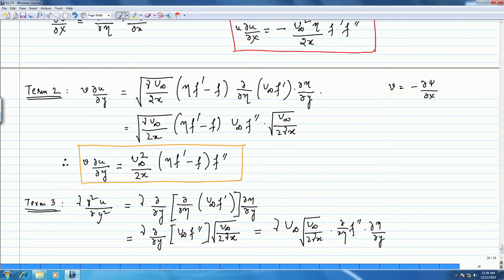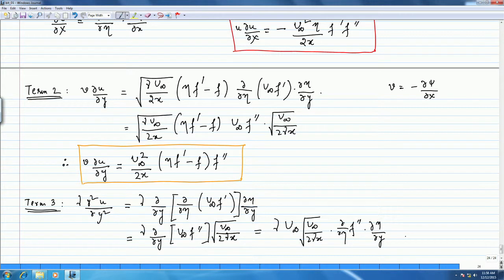Makes sense? So the way I got this term is basically first I took the u infinity outside of the bracket, which comes here. So I got del y of u infinity f double dash, which boils down to del eta of f double dash into del eta del y.